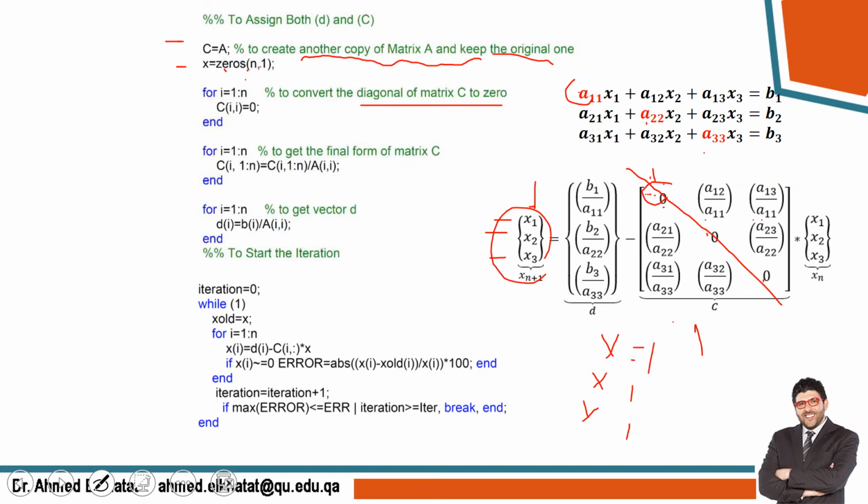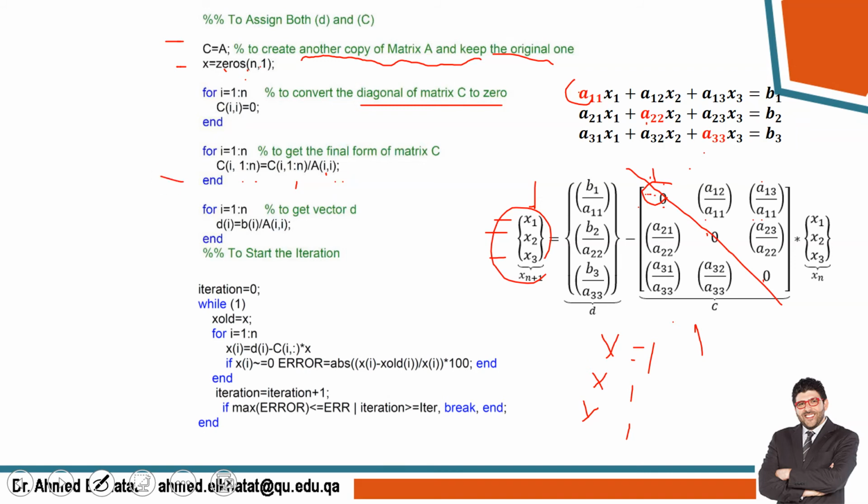Now for i equal 1 to N, C(i,1:N) equal C(i,1:N) divided by A(i,i), for all rows. By this I converted the whole matrix to its final form.